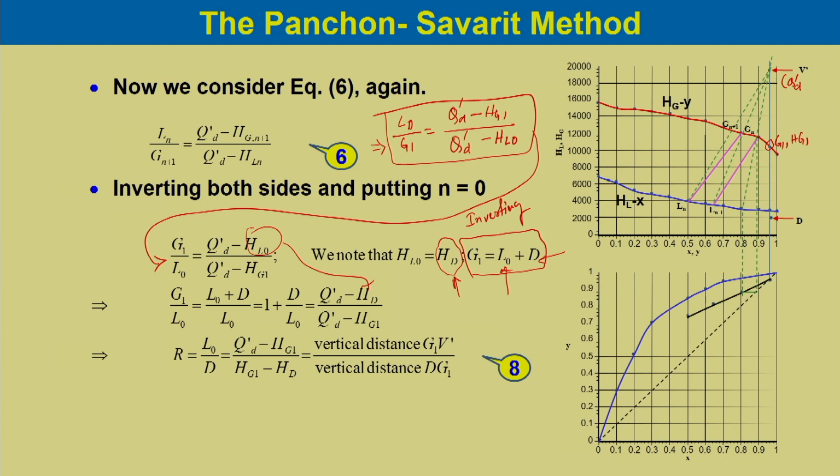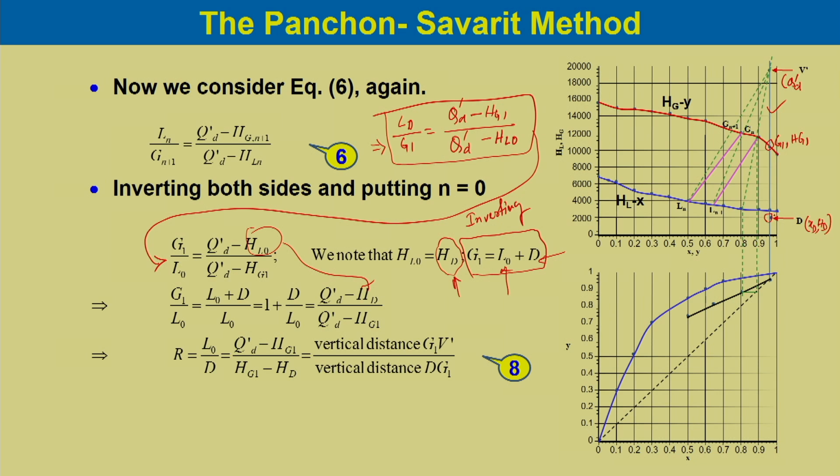So, this represents G1 and V dash, the vertical distance G1 V dash, that is this line, divided by Hg1 over here, this point, and the Hd which is having Xd Hd.